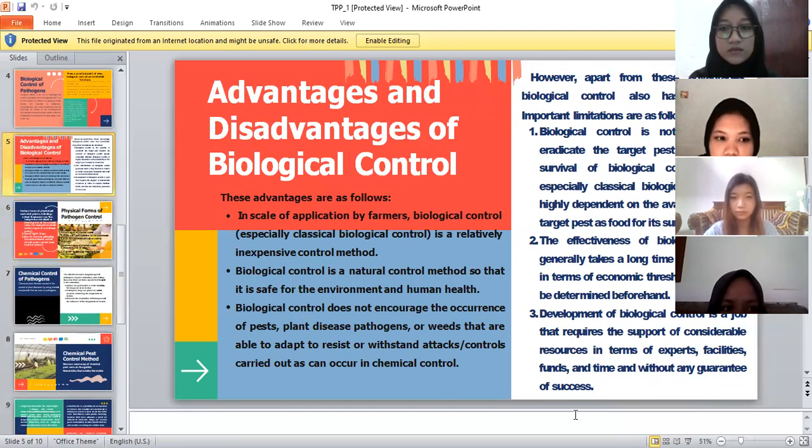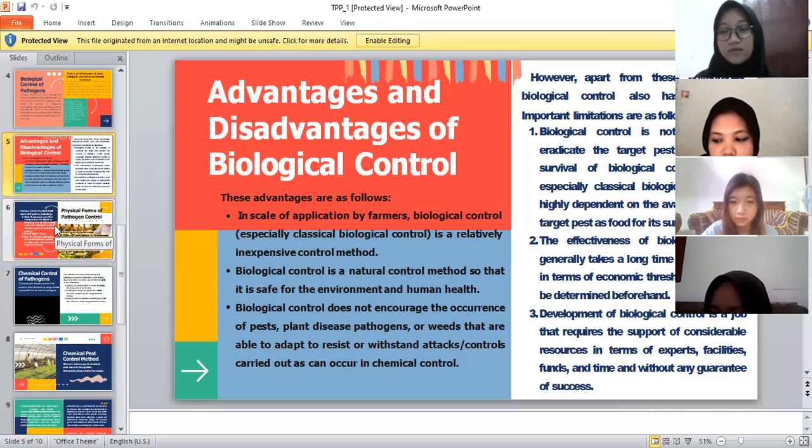Advantages and disadvantages of biological control. These advantages are as follows. 1. In scale of application by farmers, biological control, especially classical biological control, is a relatively inexpensive control method. Number 2, biological control is a natural control method so that it is safe for the environment and human health. 3.